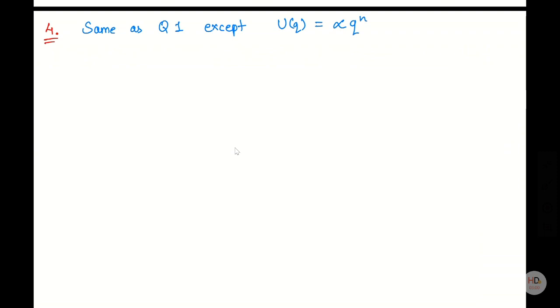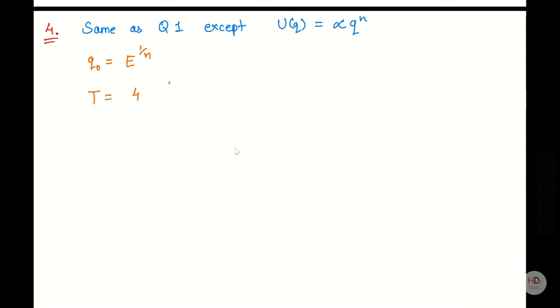Okay, so now again we'll have q0 as e to the power 1 by n, same as 1/4. And then we can do the integral.